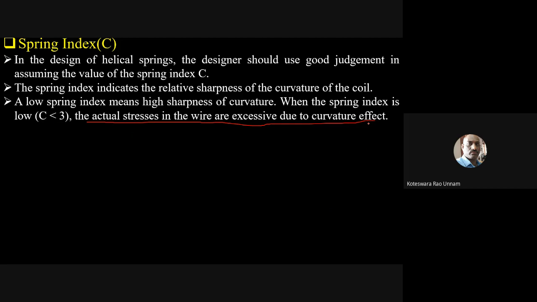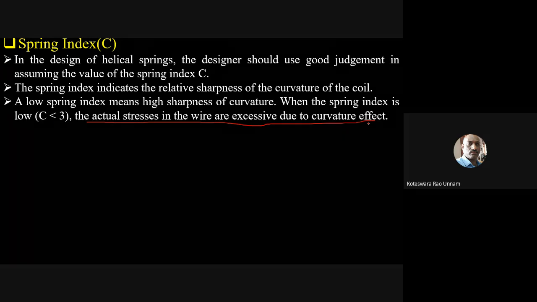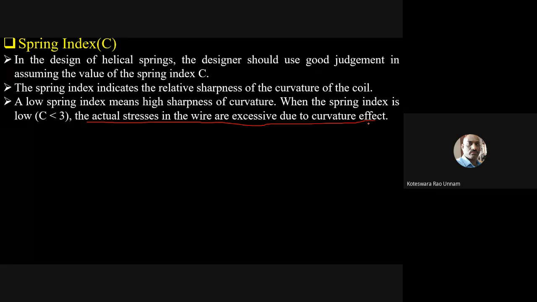So one has to choose the spring index wisely such that the stresses due to this curvature effect can be decreased or maybe eliminated. For that, C cannot be less than 3. So always you have to take C more than 3.